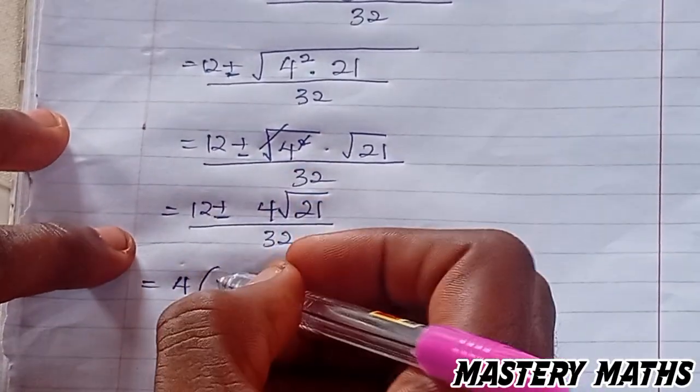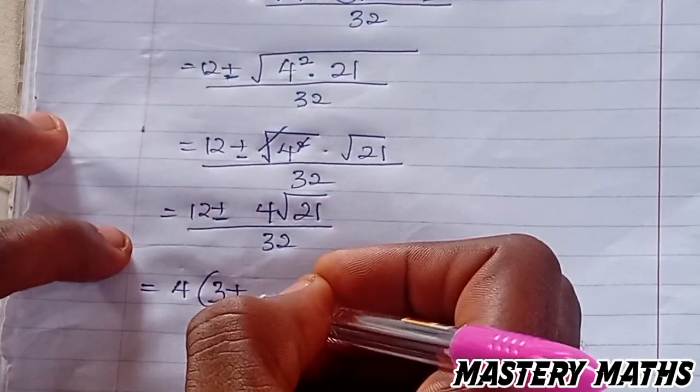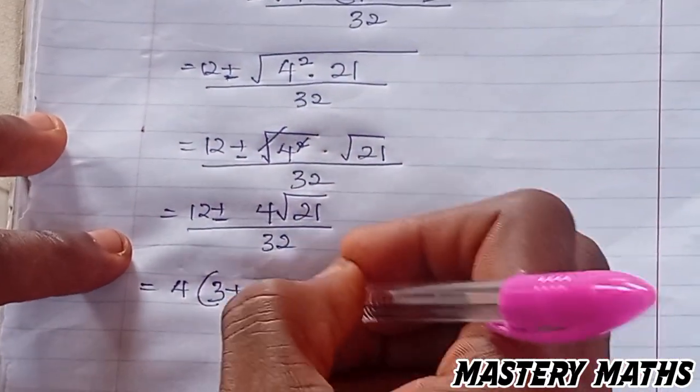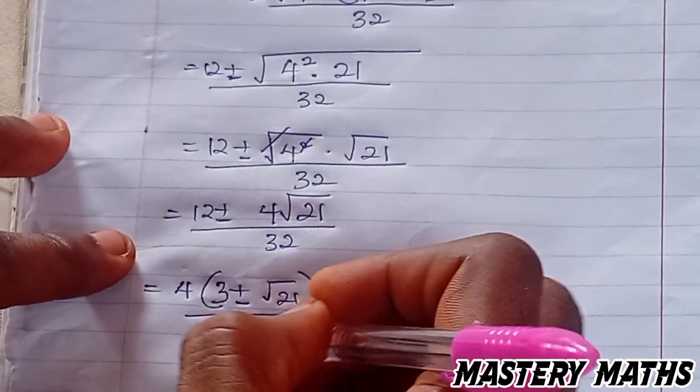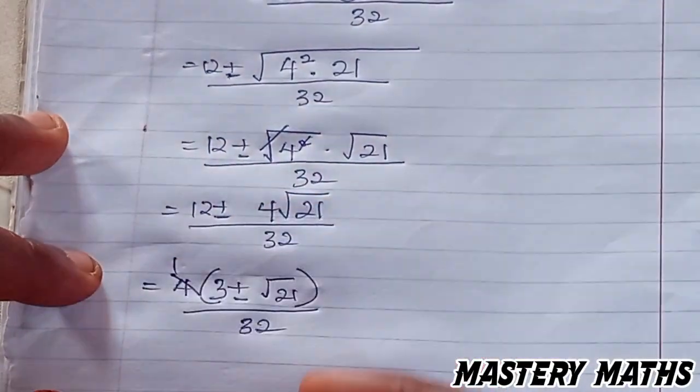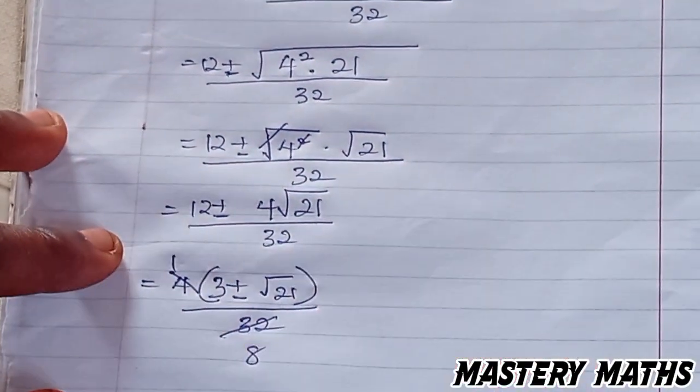When 4 goes into 12, it gives you 3, plus or minus. When 4 goes into 4, it is 1. 1 times root 21 is root 21. Then all over 32. Now we need to break down: 4 here is 1, 4 here is 8.